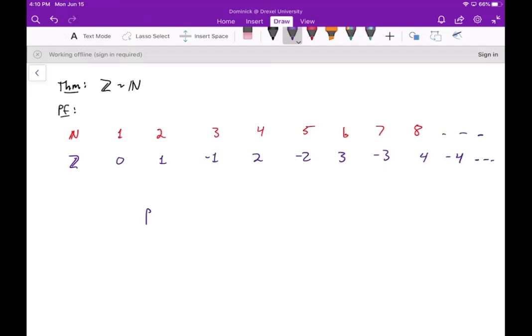It turned out that the bijection we used was f of x being a piecewise function: x over 2 for x even, and 1 minus x over 2 for x odd.